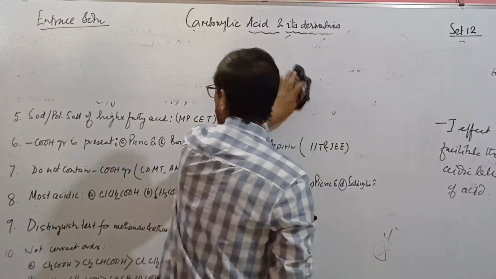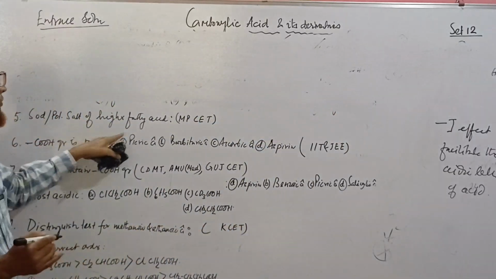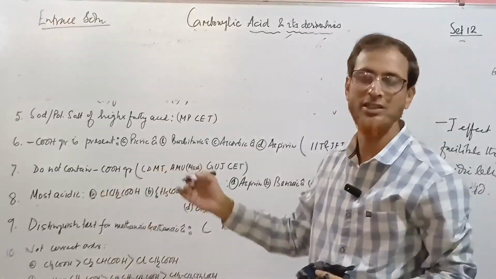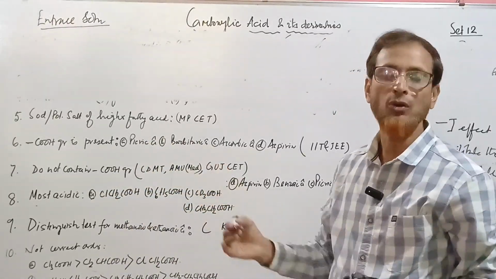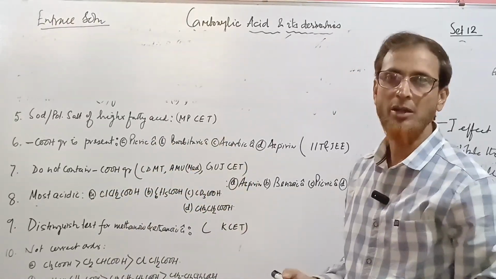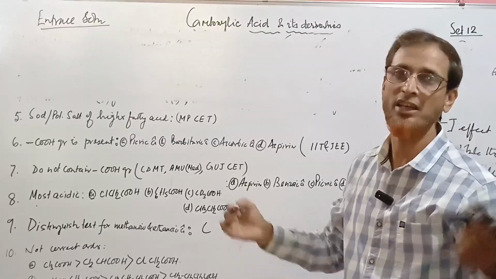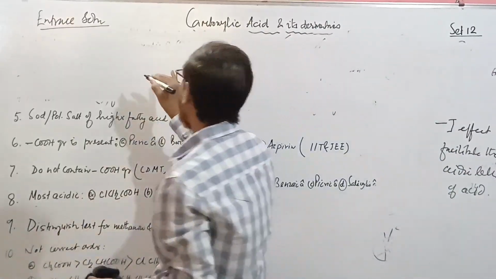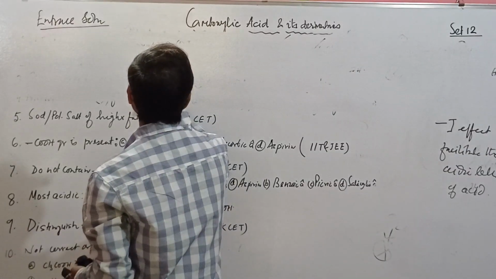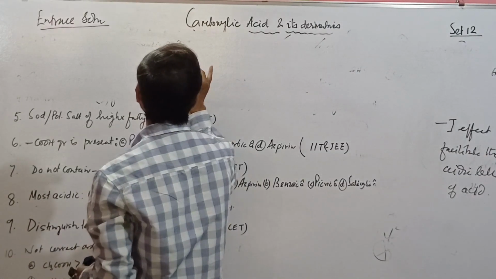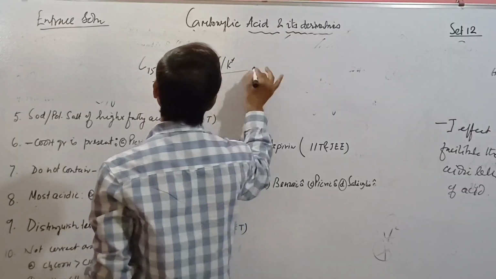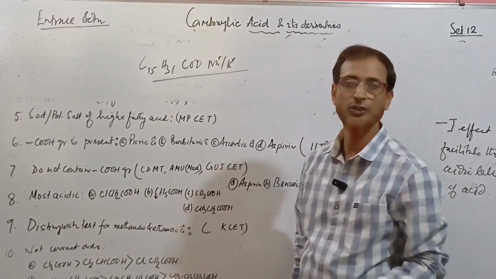Next one is sodium or potassium salt of higher fatty acid. Higher fatty acid means soap. You have stearic acid, palmitic acid, oleic acid. You have got carbon 15 and carbon 17 higher fatty acids, and if in place of the H of the COOH of the fatty acid, C15H31COOH, you place sodium or potassium, that becomes soap.